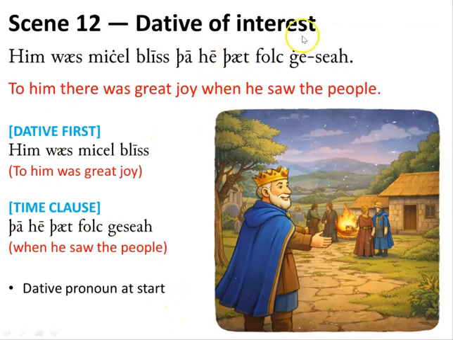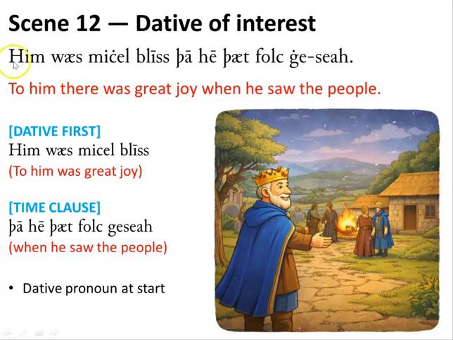All right, now dative of interest. Now, him, dative at the beginning, him was Mitchell Belize, tha hey that folk yesech. Okay, him was Mitchell Belize, tha hey that folk yesech. To him there was great joy when he saw the people.